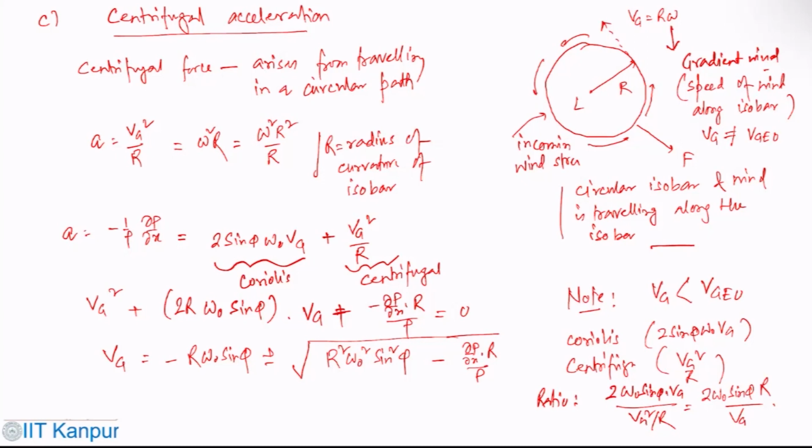So now we are going to look at the effect of friction. So friction essentially depends on surface properties, but generally it slows down the air only in the atmospheric boundary layer.